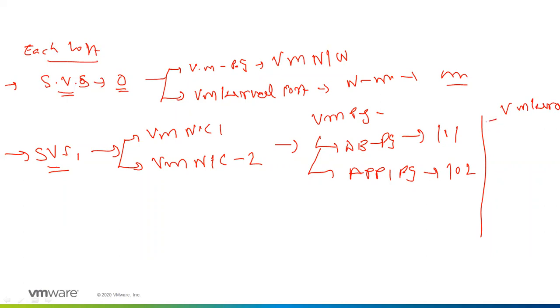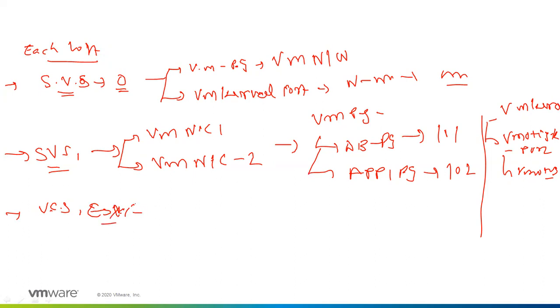In this, the name would be vMotion kernel port and the function will also be vMotion. This whole activity we are going to perform on each and every host. How can we do it? Because it's an individual activity, we can do it either from your vCenter console or by logging in to each individual ESXi host.